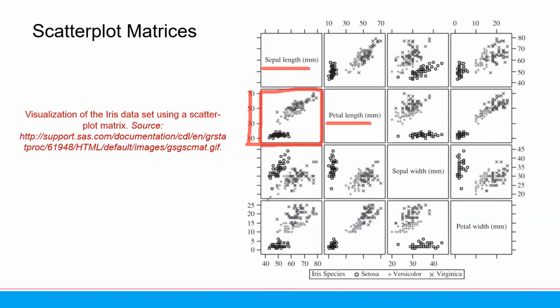So all these are related with the sepal length because this is the column. And if we want to see the sepal width and the sepal length, then we can see this box. If we want to see the relationship between the sepal length and the petal width, then we will see this box.